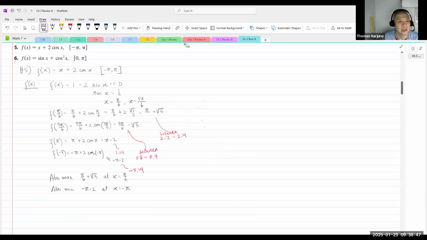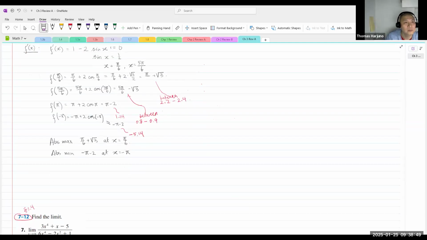But how about the local extrema, right? So we do the sign graph on f prime x from negative pi to pi, and we have two critical numbers in between. Okay, that gives us 0 there, right? And then we see f prime is positive here, and then this guy here is negative.